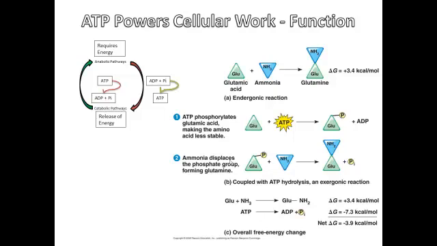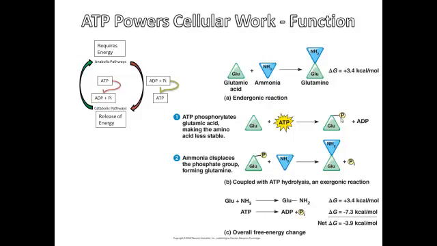Let's look at a specific example of how ATP can be used to power an anabolic reaction, that of combining glutamic acid and ammonia to make an amino acid, glutamine. First, we use the energy from the hydrolysis of ATP, an exergonic reaction, to raise the potential energy of glutamic acid. Transferring a phosphate group from ATP to glutamic acid transfers energy.